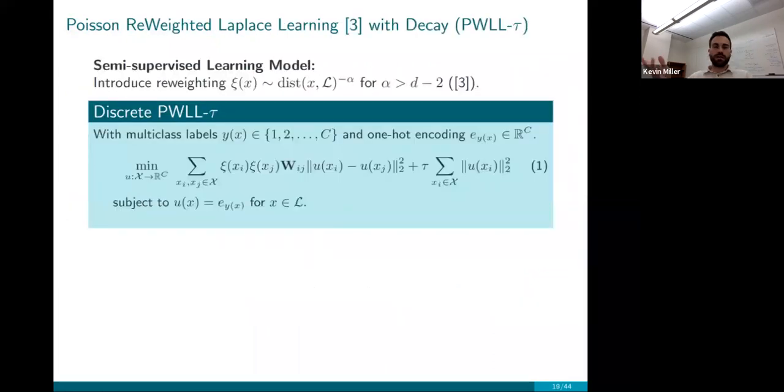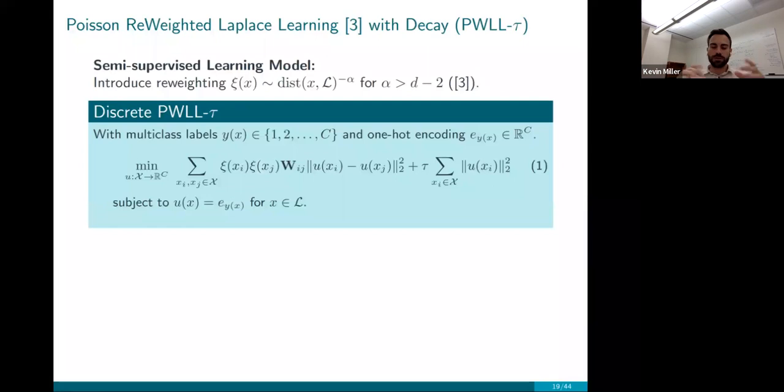So this specific type of uncertainty sampling is going to be paired with a graph-based semi-supervised classifier of the following form. This is what I'll call Poisson-reweighted Laplace learning with tau decay.